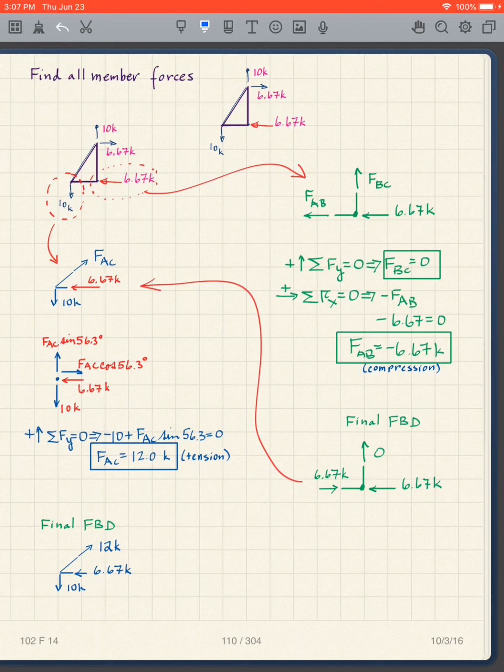So I just look at this picture. What do I have in the y direction? I've got these two here. So I'm going to have minus 10 for this one, plus FAC sine 56.3 equals 0.